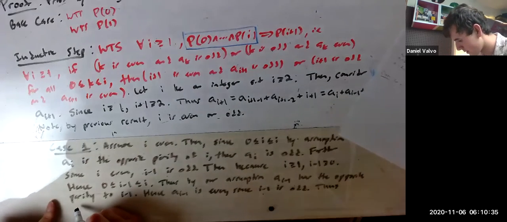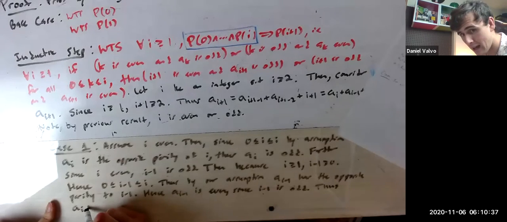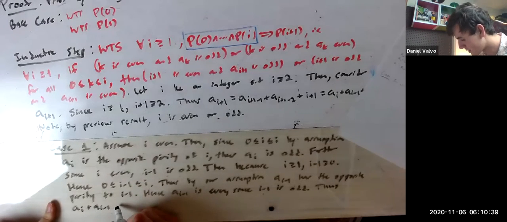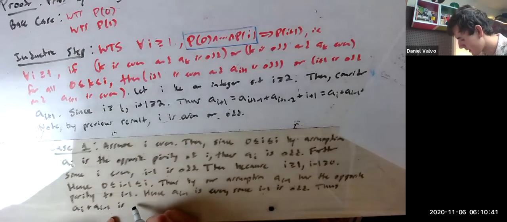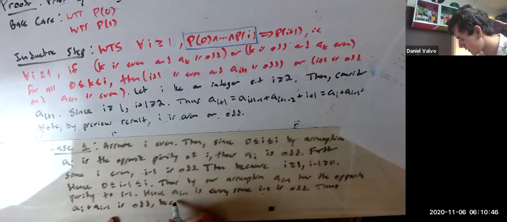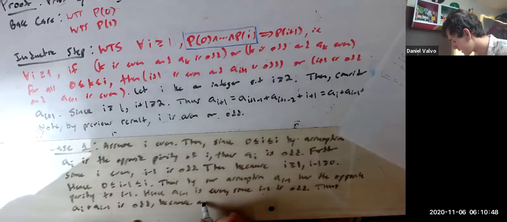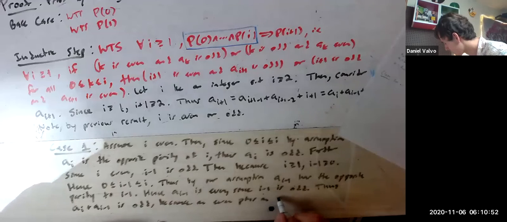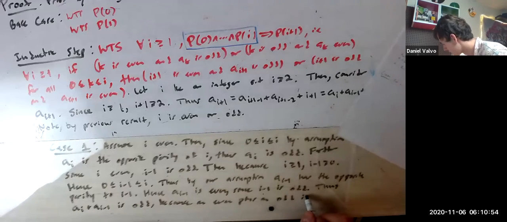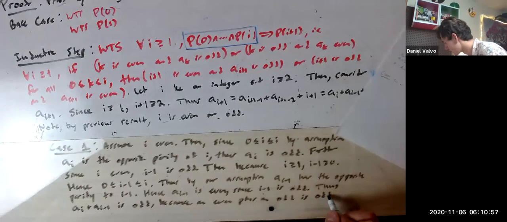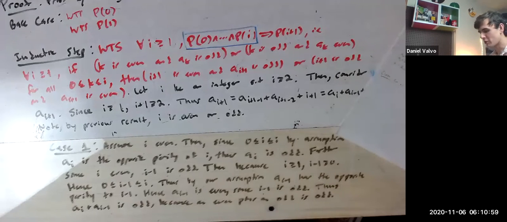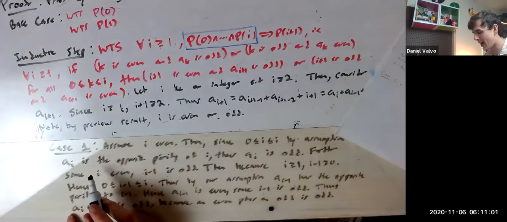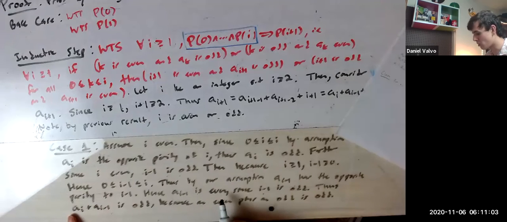Thus, a_i plus a of i minus 1 is odd, because an even plus an odd is odd. So we've shown that if i is even, a_i will be odd, and a of i minus 1 will be even. So a_i plus a of i minus 1 is odd.